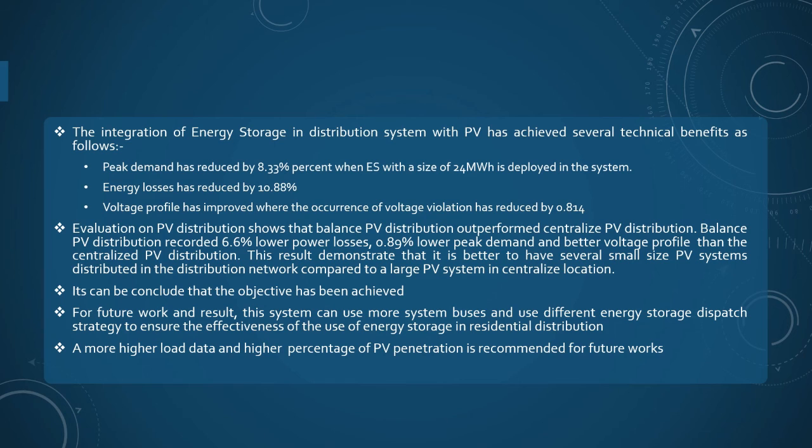It can also be concluded that the objective has been achieved. For future work, this system can be used with more system buses and different energy storage dispatch strategies to ensure the effective use of energy storage in the residential distribution. Lastly, higher load data and a higher percentage of PV penetration are recommended for future work.